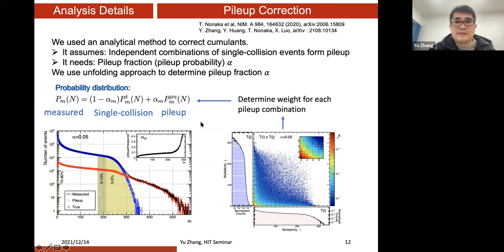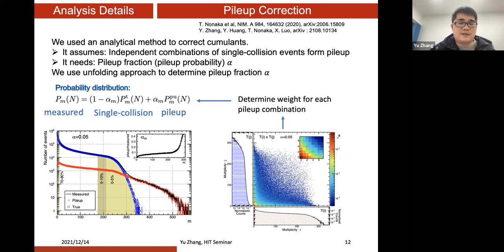The next slide is the pileup correction. There are several types of pileup events. Some are related to the beam and experimental issues. We are correcting one type of pileup event in this 3 GeV analysis.